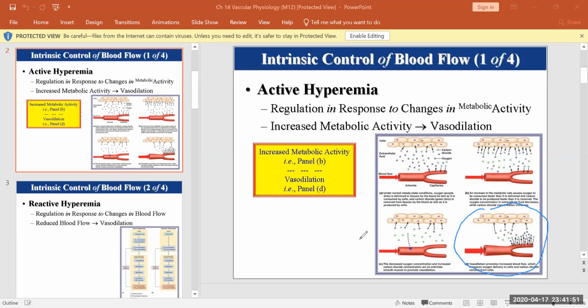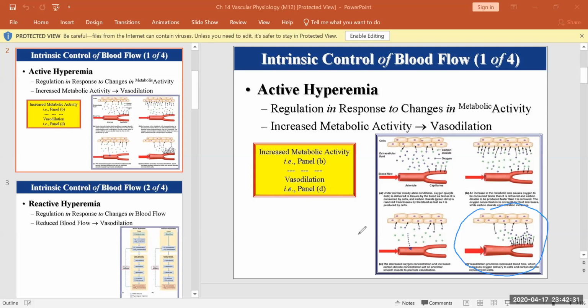The amount of carbon dioxide and cellular waste produced by the systemic cells will be equal to the same amount of carbon dioxide and waste picked up by the blood vessels. Now we have homeostasis. Everybody's happy, right? So this, we call it active hyperemia. In other words, blood flow will increase to meet the metabolic demands of cells under increased cellular activity, for example, during a vigorous exercise, right?